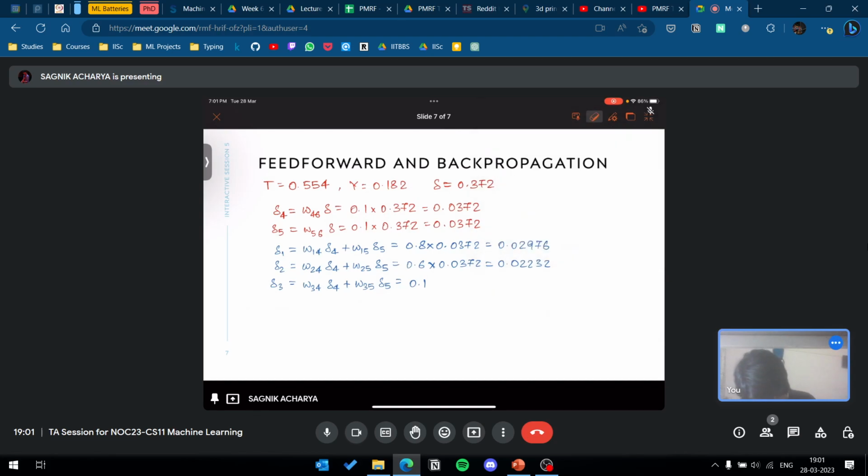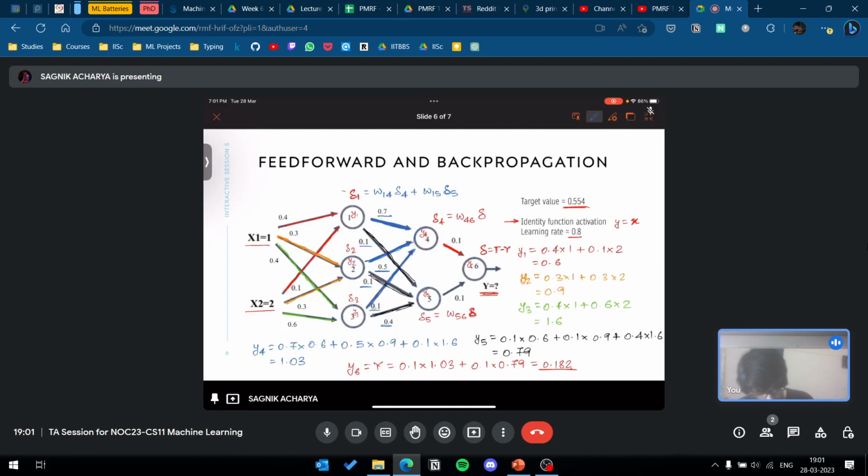So 0.5 times 0.0372 is 0.0186. Right. So we have all the deltas. We have delta 1, delta 2, delta 3, delta 4, delta 5. Right. And we have the final delta, which is delta 6, if you want to consider that.